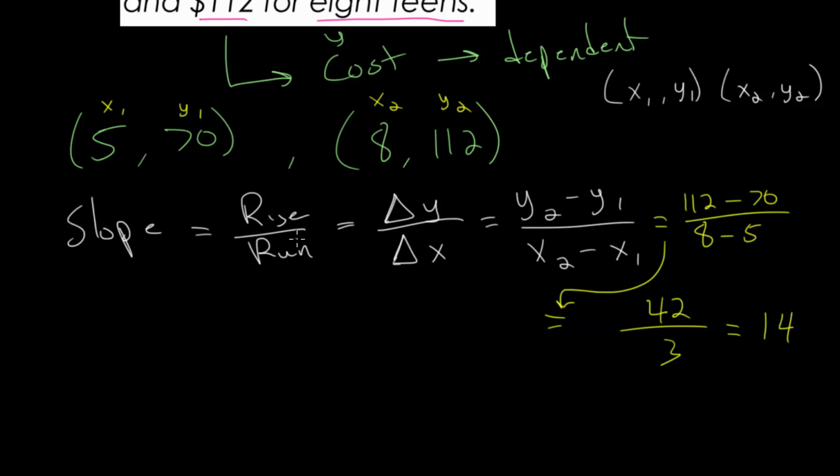We're comparing the cost, that's our y value, divided by the change in our x value, which is the number of teens. So what we found is the cost per teenager, in dollars, with one teenager on the bottom. So our rate of change is $14 per teenager.